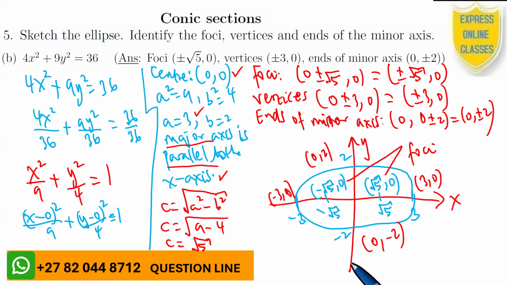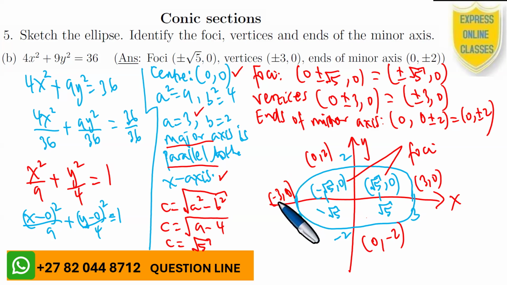So this is what we have here. Okay, this is sort of the graph.